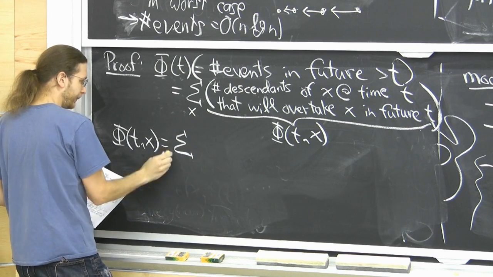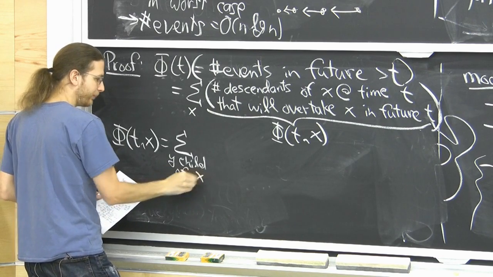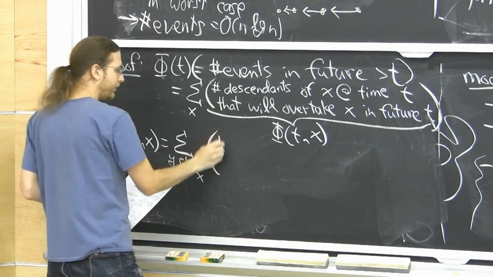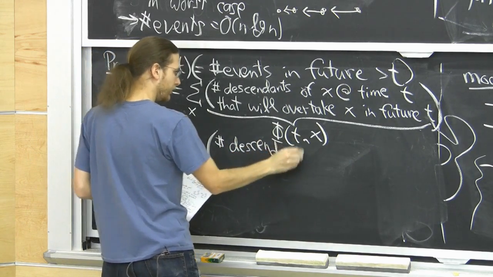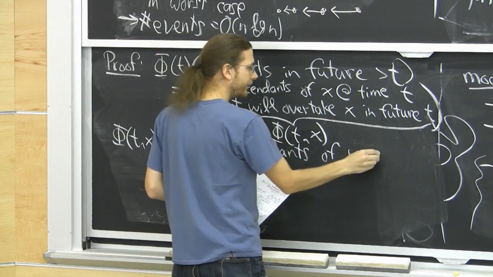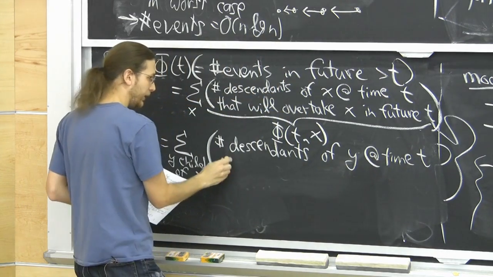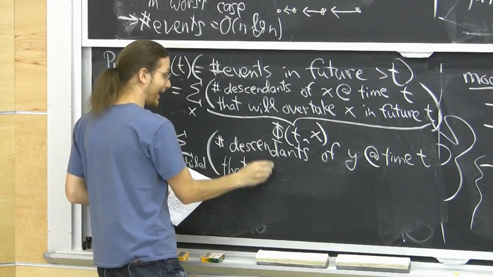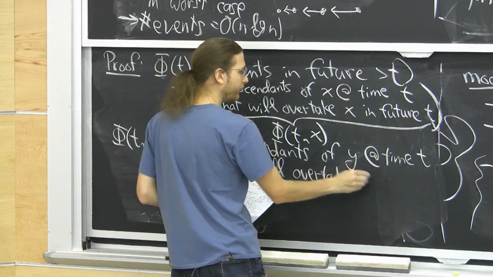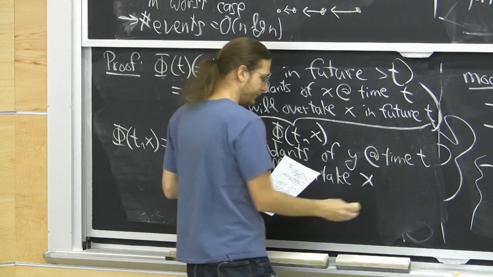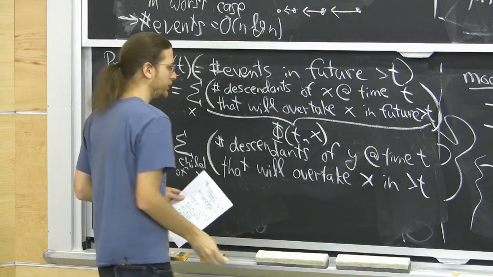It's kind of trivial, but if I look at each child of x, there's two of them, call that y, and then measure how many descendants of y at time t will overtake x. So it's almost the same words, but I changed one of the x's to a y, but only one of them. In the future, I write greater than t.